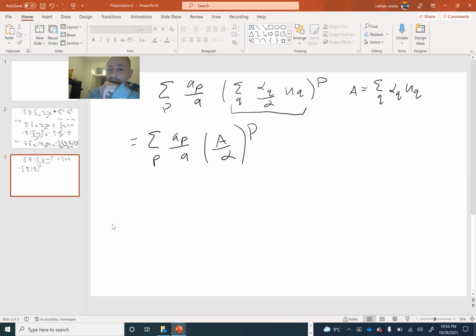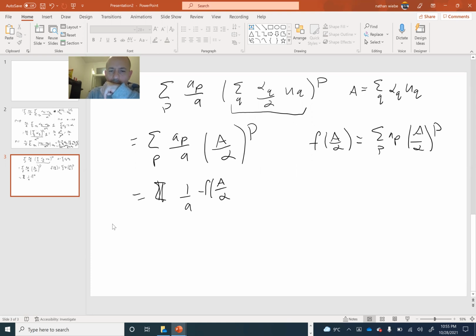Now, we've defined f of A over alpha as the sum over P, A sub P, A over alpha to the P. And therefore, this is also just 1 over A, f of A over alpha. So we can see here that we can implement any polynomial transformation that we feel like by using this particular idea. And so this is something that is really important.